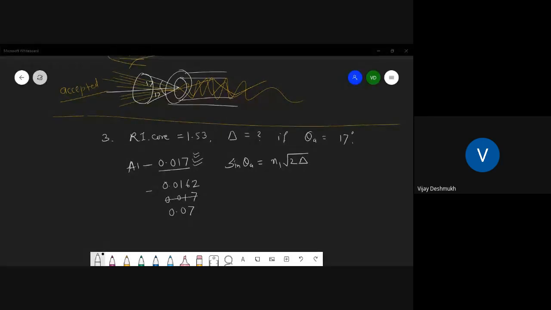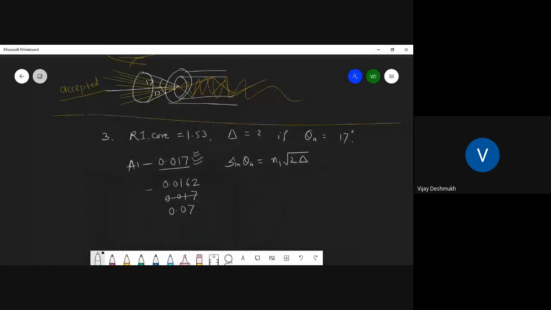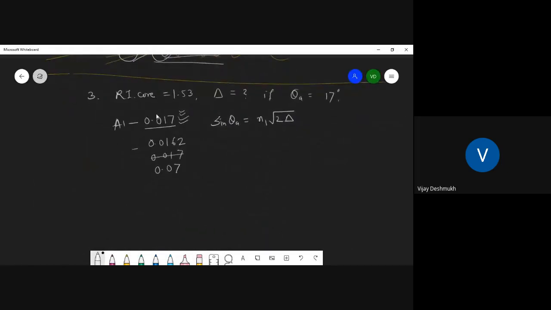Whose answer was 0.07? Don't worry, it may be possible that this is wrong or this is correct. Let's try once and then we'll go for discussion. So sine theta A equals n1 square root of 2 delta, and we don't know delta, so we'll take this to the left-hand side.